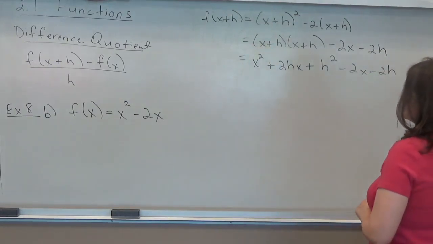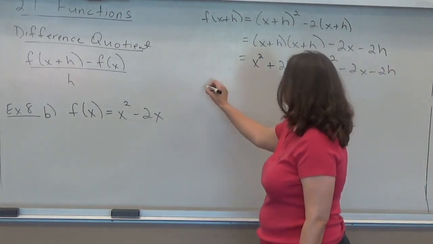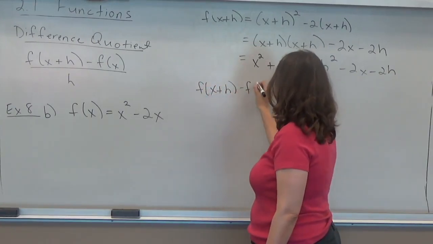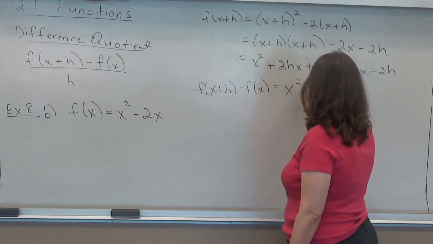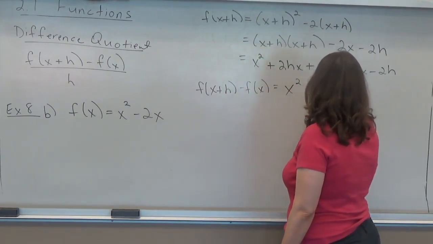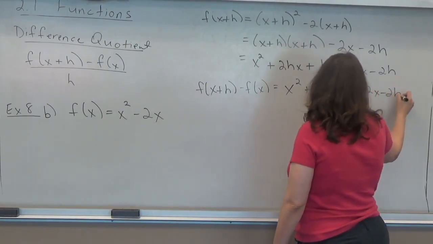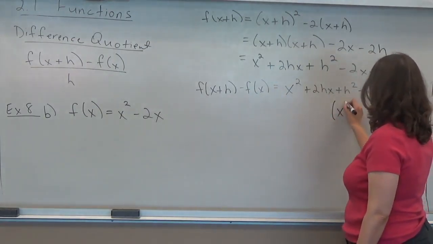Now we're going to subtract the original function from what we just found. So now f of x plus h minus f of x, what we just did, minus the original function, x squared minus 2x.